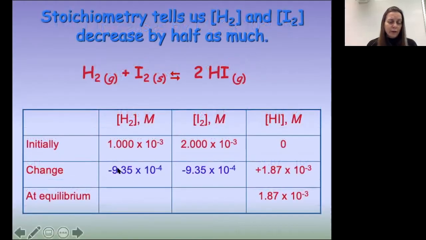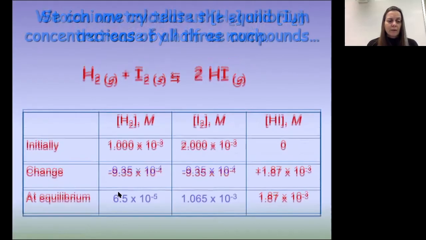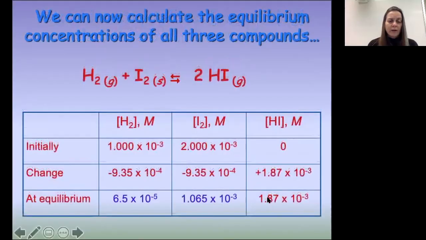And so we figure out that that means that these change by negative 9.35 times 10 to the negative fourth. And now we're able to calculate those concentrations at equilibrium by subtracting the change from the initial. And so at equilibrium, we now have 3 concentrations.